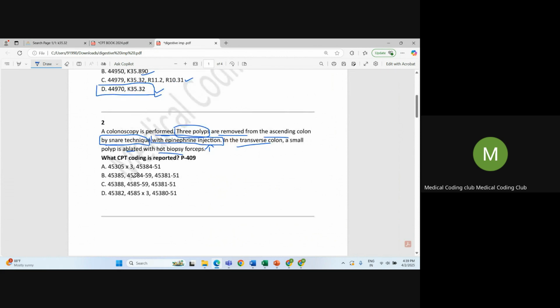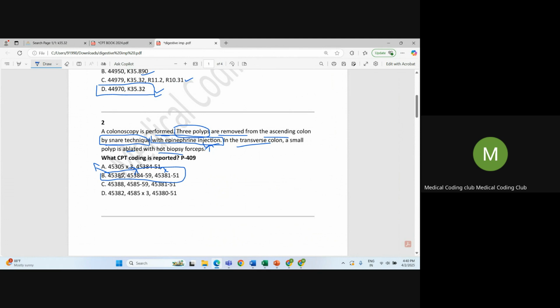Just a minute, option B: 45385, 384 and 45381. So 45385 is snare technique, 384 is hot biopsy forceps, 45381 is for injection.